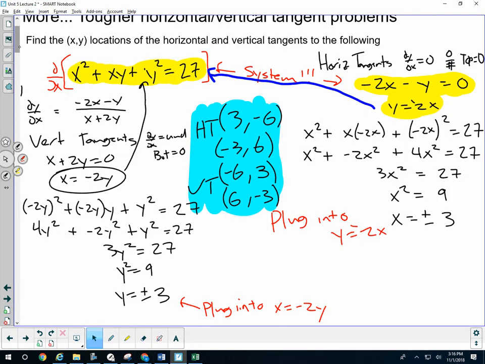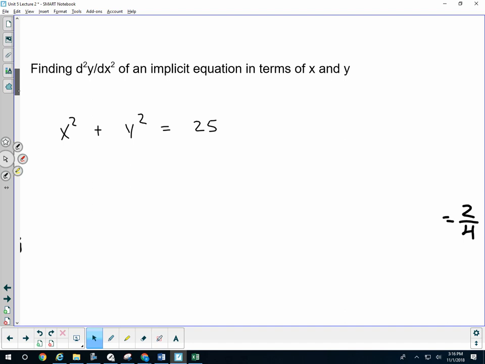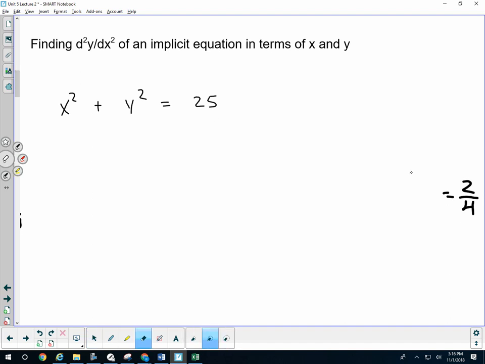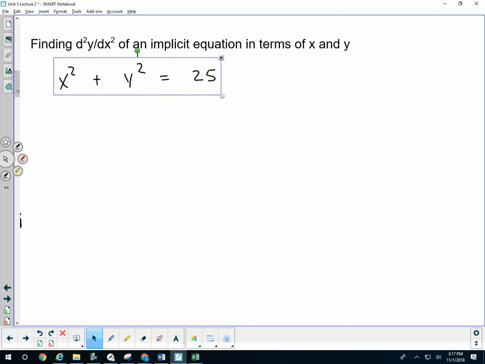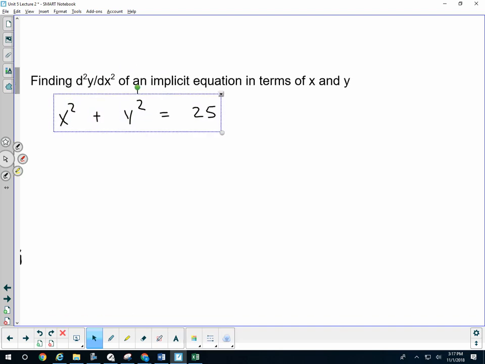All right, moving on. We will be asked to find second derivatives of implicit equations, like x squared plus y squared equals 25. Well, why would I take a second derivative of one of these equations? Why do we take second derivatives in general? Please remind yourself and your neighbors what we learned from last unit about second derivatives, what they tell us about graphs.